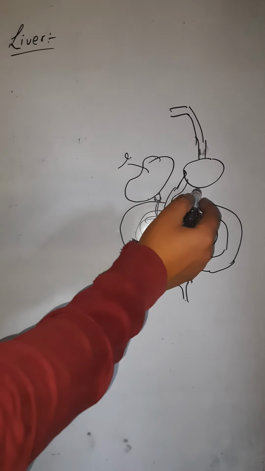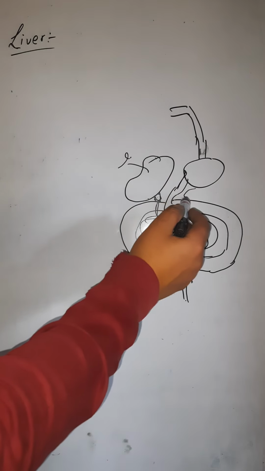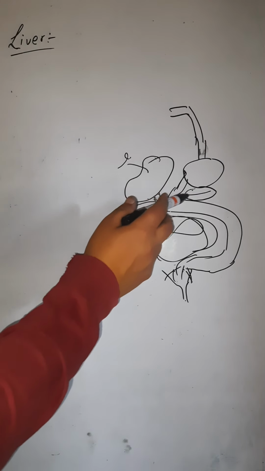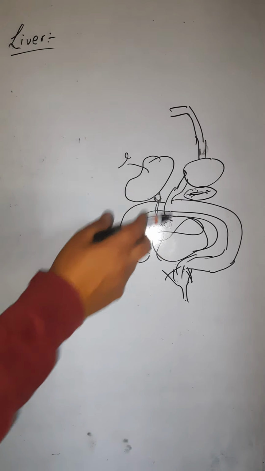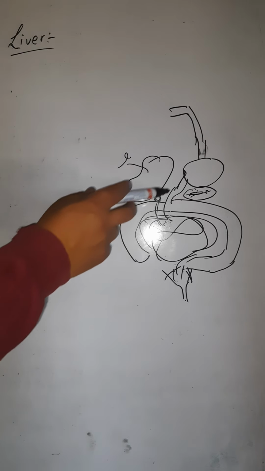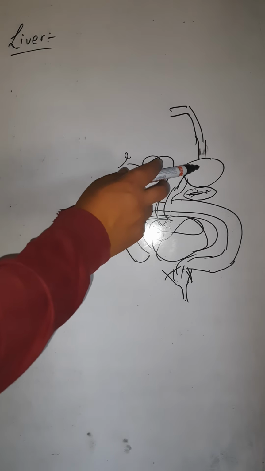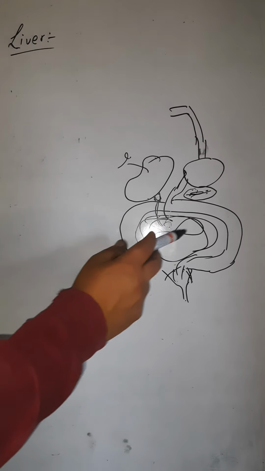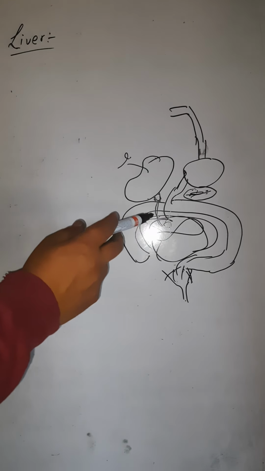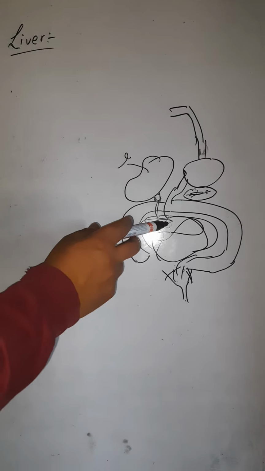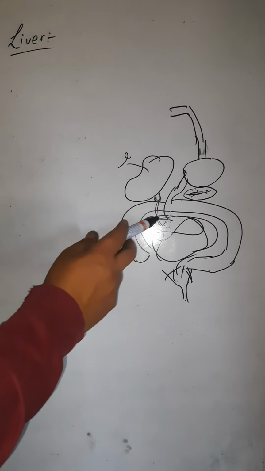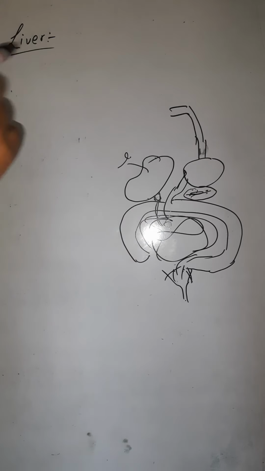Then later you would have seen a small creamy colored structure just down to the stomach. This creamy colored structure is called the pancreas. When the food from the stomach reaches the front part of the small intestine, which is also known as the duodenum, the bile juice and the pancreatic juice mix with the food there.